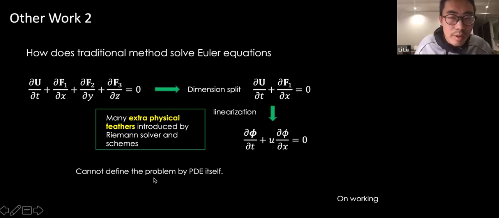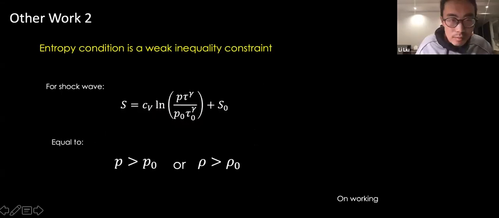But in PINNs, we do not introduce any physical constraints, so we may not have physical results. We first tried entropy conditions.